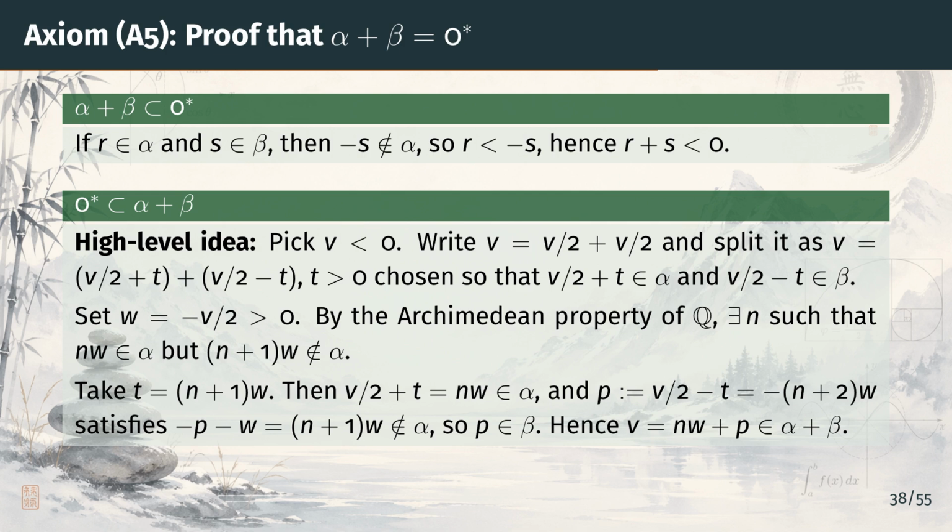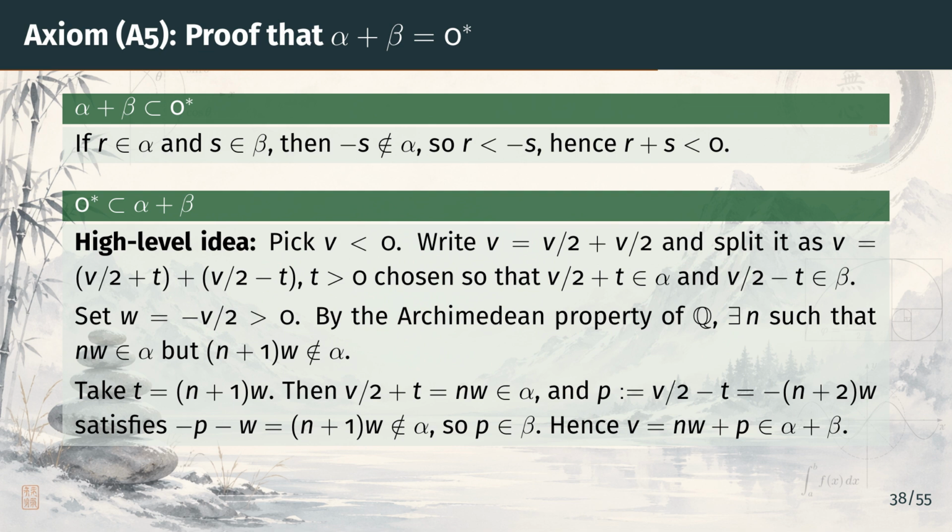The forward inclusion is clean. If R is in alpha and S is in beta, then minus S is not in alpha, so R is less than minus S, which gives R plus S less than 0. For the reverse inclusion, here is the high-level idea. Given a negative rational V, we want to write it as a sum of something in alpha and something in beta.